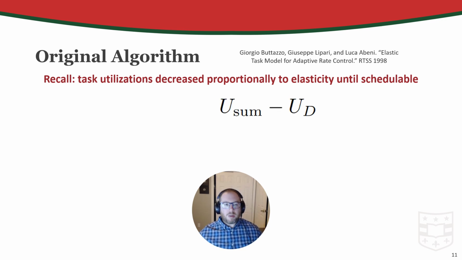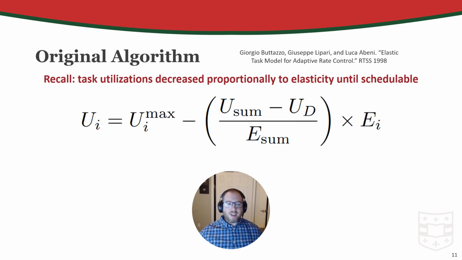Now, the sum of task utilizations minus the desired utilization bound is the total amount of compression that needs to be applied. Then, since each task's share of compression is proportional to its elasticity, we can compute the utilization assignment for each task to make the system schedulable.